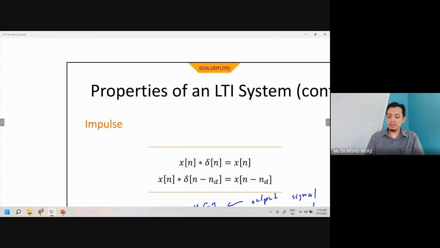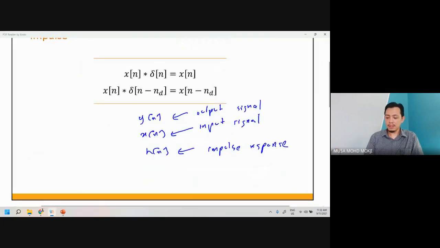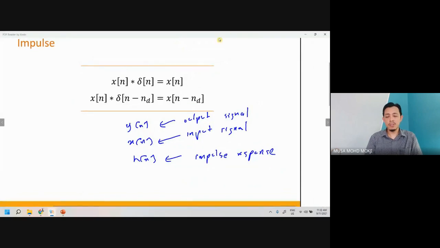It looks the same, but it represents totally different things. yn and xn are signals. But the impulse response, what does it represent?